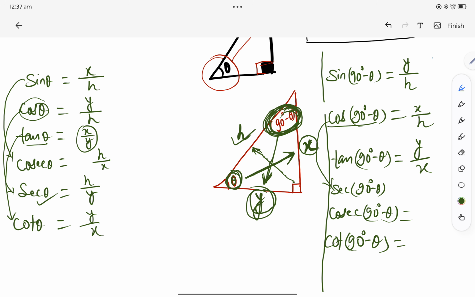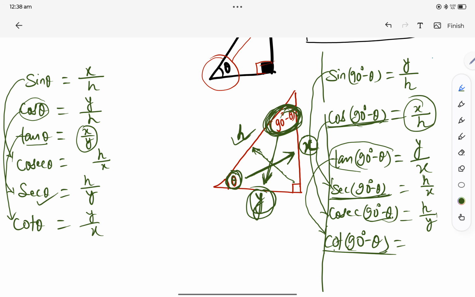So sec 90 degrees minus theta is the reciprocal of cos 90 degrees minus theta, so it is h over x, and cosec 90 degrees minus theta is the reciprocal of sin 90 degrees minus theta, so it will be h over y, and cot 90 degrees minus theta is the reciprocal of tan 90 degrees minus theta, so it will be x over y.